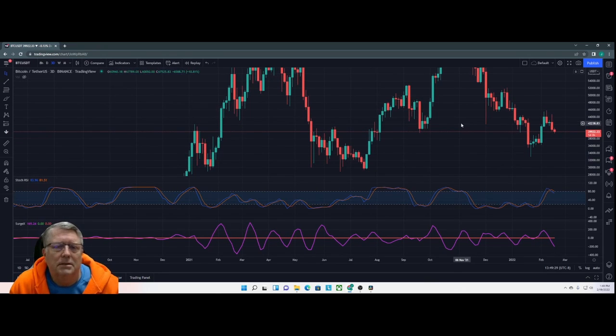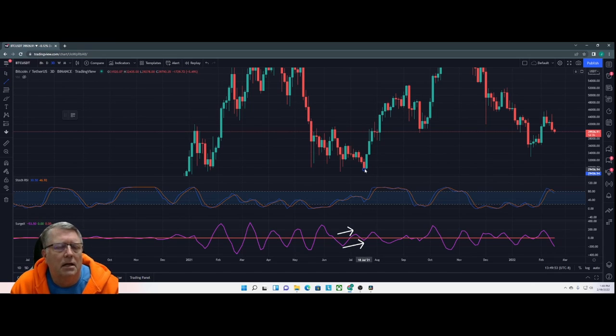So let's take a look at this particular movement here with the surge. So we know that we had a pattern 2 right here with the stochastic cross right here. So we know that this is the start of the move here.